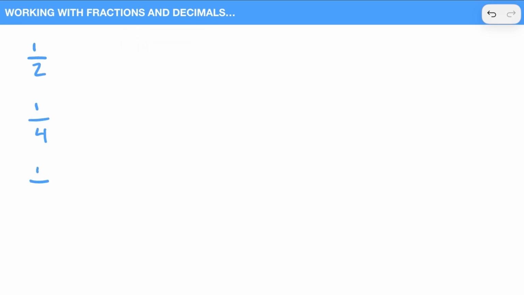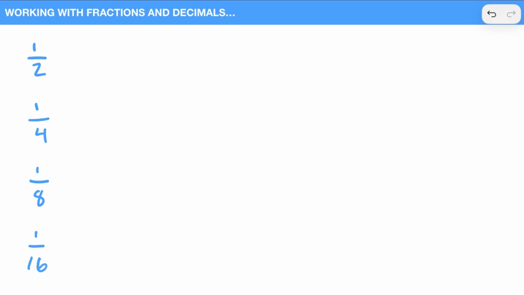Now what I want to do is go over some common decimals in the form of fractions that you will see, just so you should be familiar with them. I want to talk about 1/2, 1/4, 1/8, and 1/16 to get started. All right, 1/2. What is this expressed as a decimal?